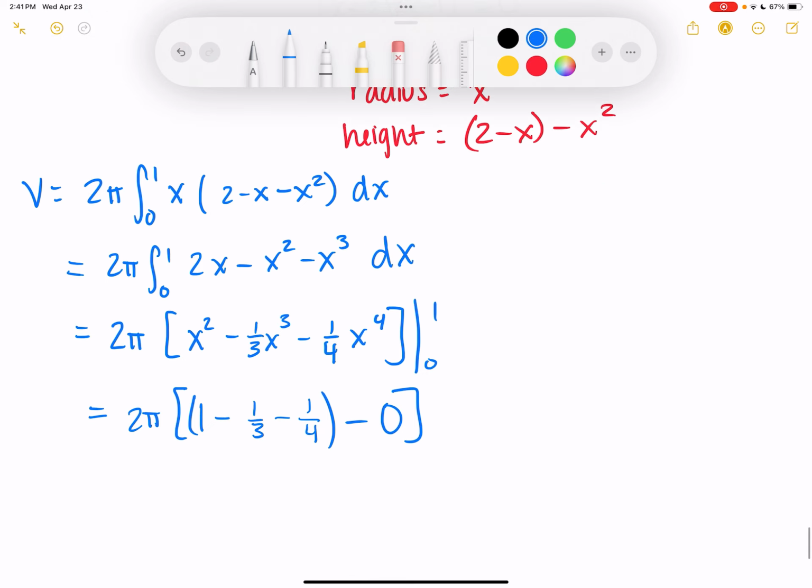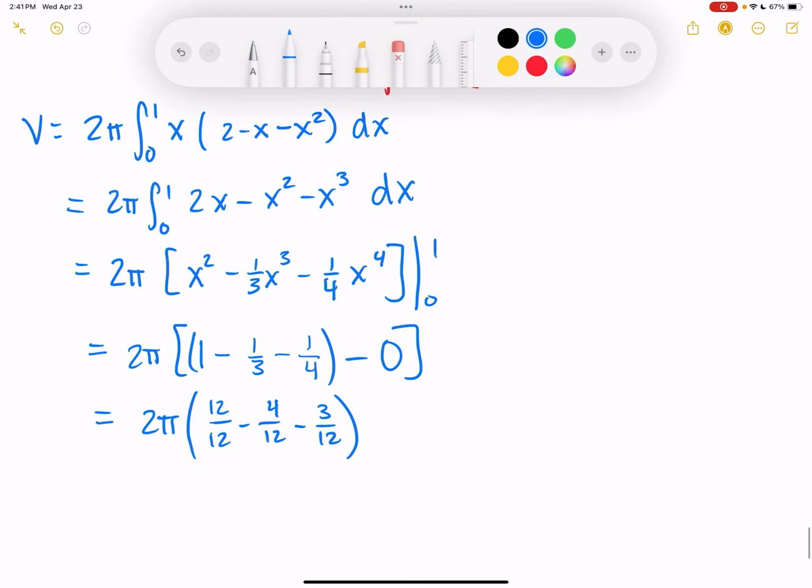So common denominator: I've got 2 pi times 12 over 12 minus 4 over 12 minus 3 over 12. So that ends up being 2 pi times 5 over 12, which gives us a grand total of 5 pi over 6 for the volume.